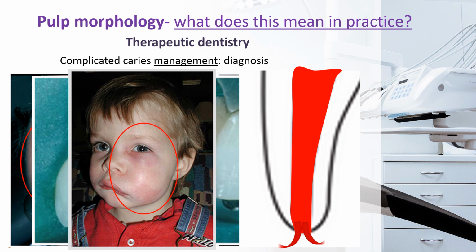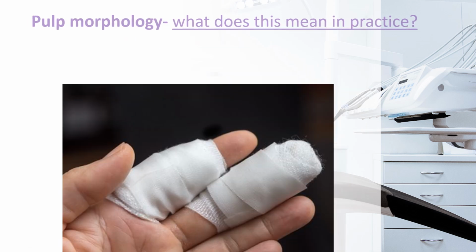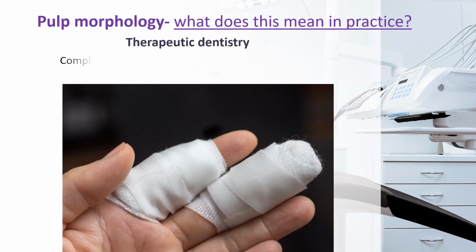And a child with pulpitis very often will have an appearance like here. And it is very important in complicated caries treatment.